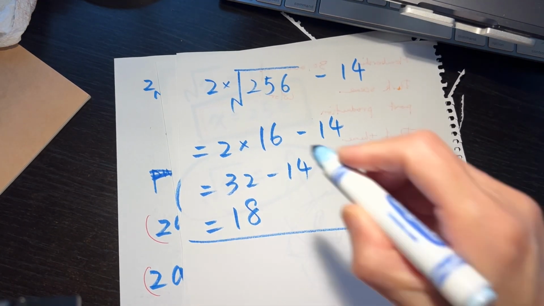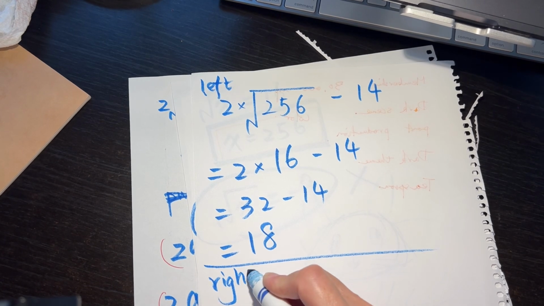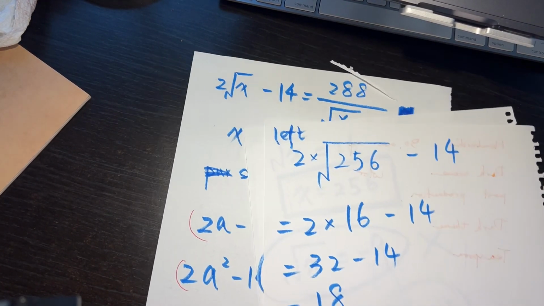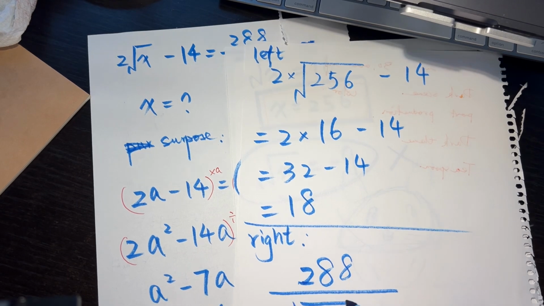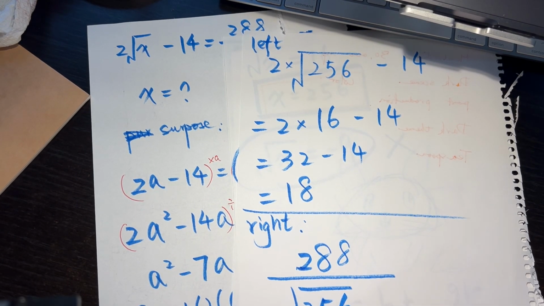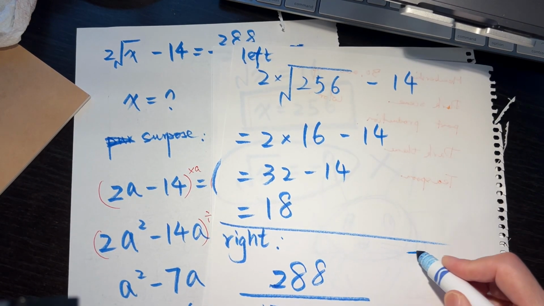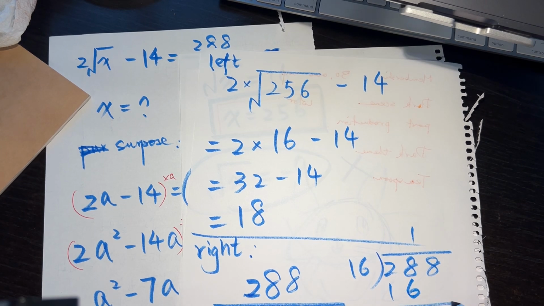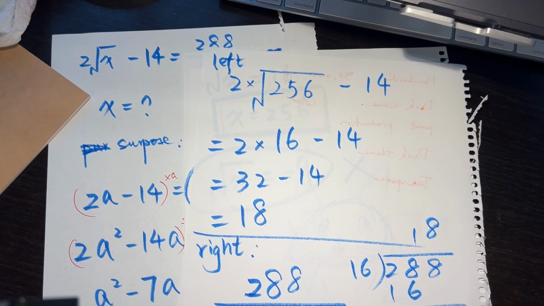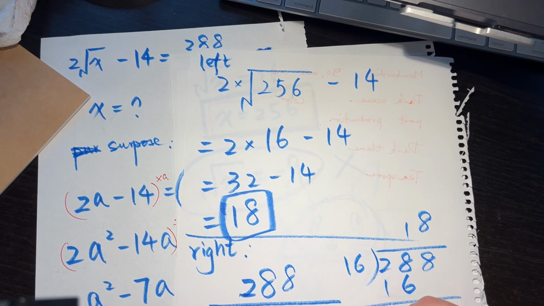So left, right, 288 over square root of 256 equal to 288 over 16. 288 divided by 16 equal 18. So left side is 18, right side is 18.